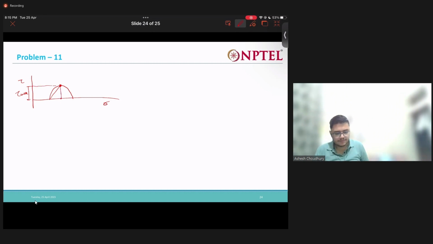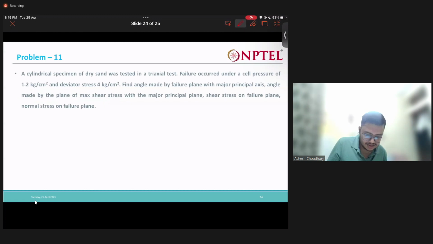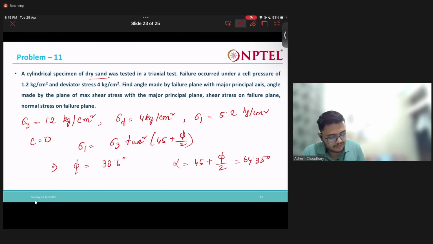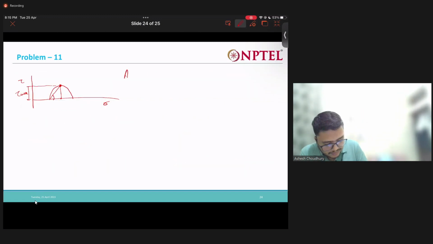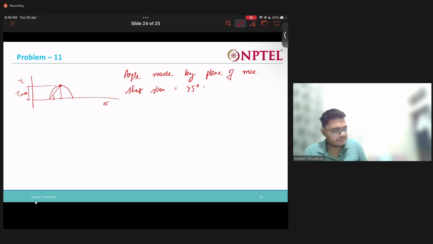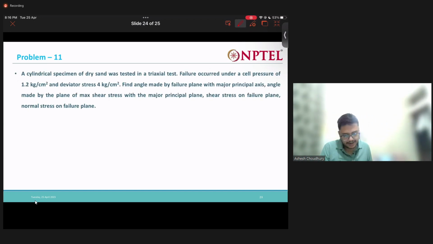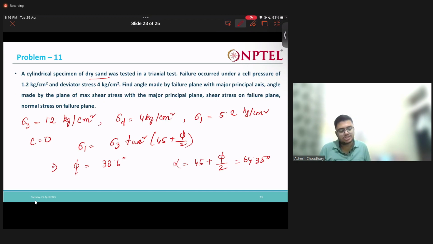So what will be this angle? Yes, exactly 45. So the angle made by the plane of maximum shear stress is this 45 degrees. Okay. So now, at the end, we need to find out the shear stress on the failure plane and normal stress on the failure plane.